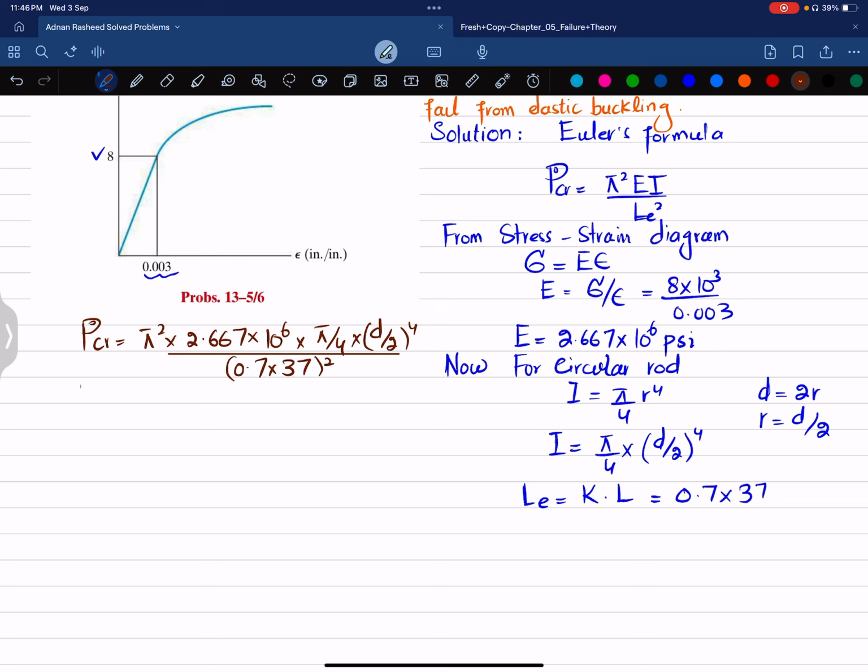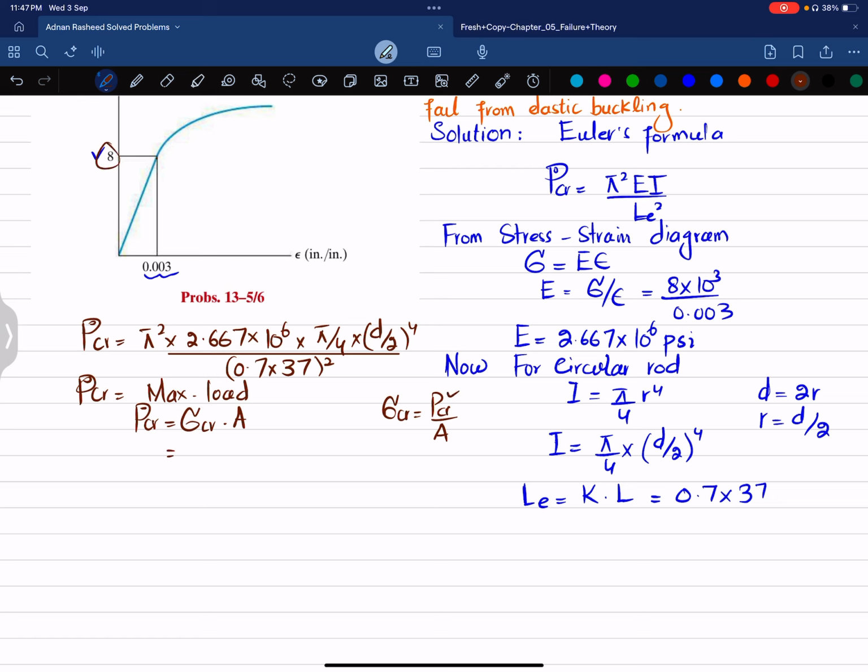As we know, P critical is the maximum load or critical load that should not exceed the yield strength or proportional limit. So we will take P critical equal to critical stress multiplied by area. Critical stress is equal to critical load divided by area, so P critical is equal to critical stress into area.